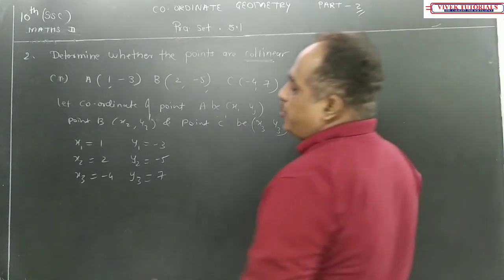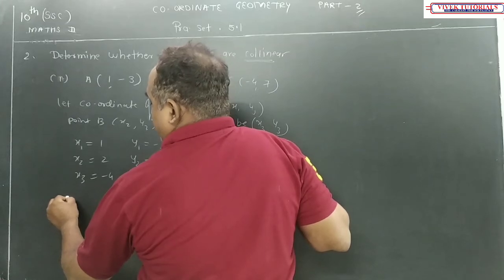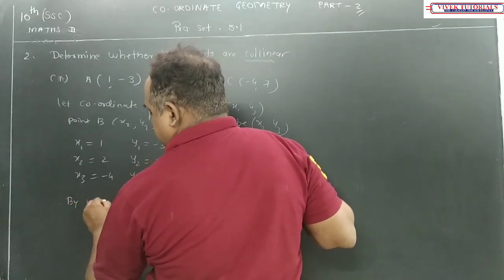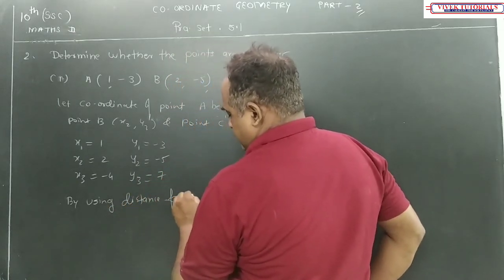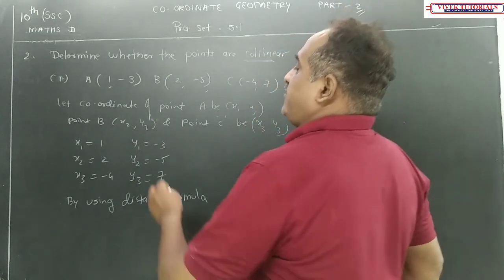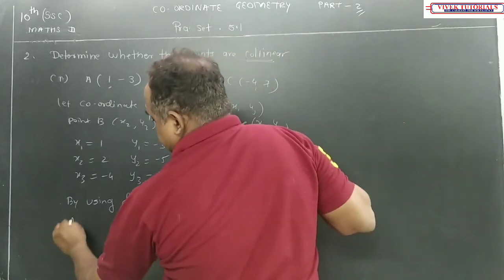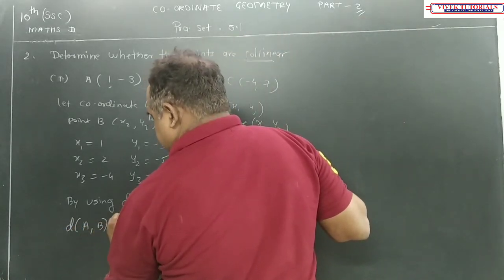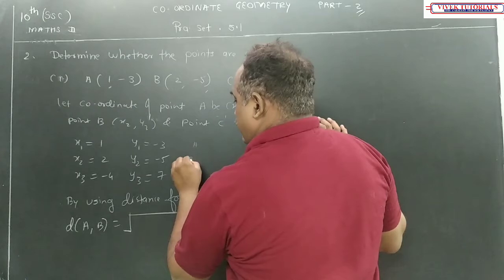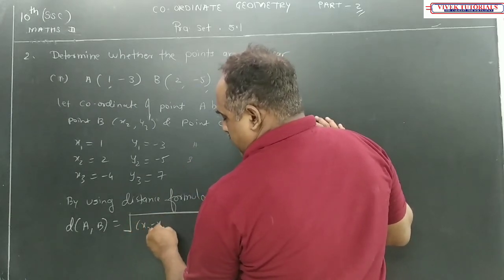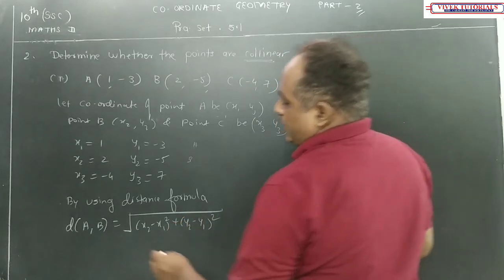So, what I am going to do is use the distance formula. First of all, we find out the distance between A and B. Distance AB is equal to root of x2 minus x1 the whole square plus y2 minus y1 the whole square.